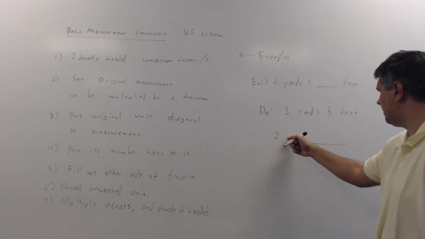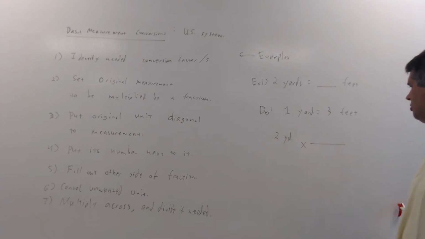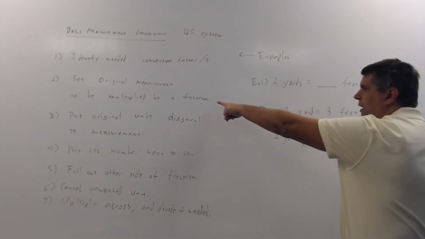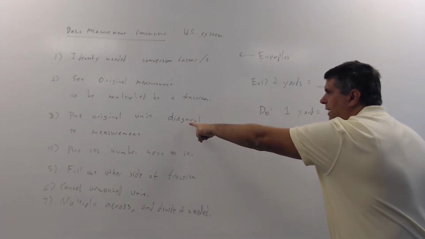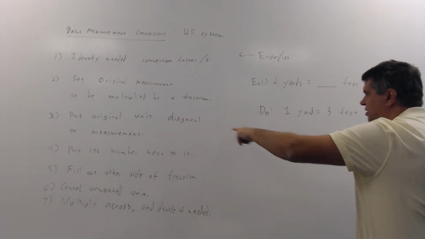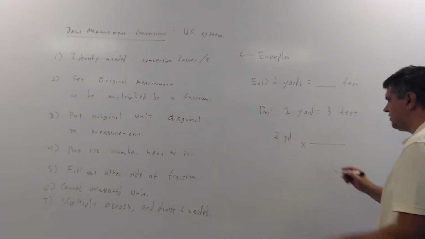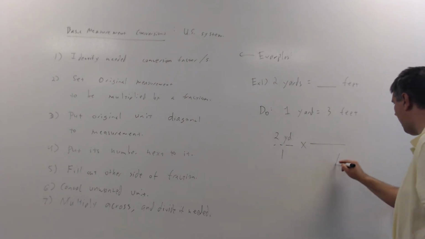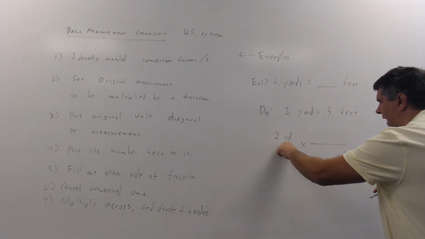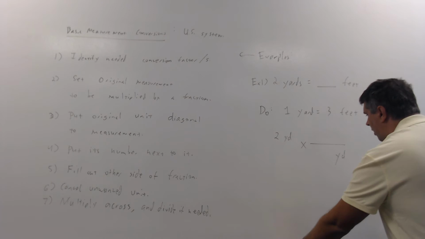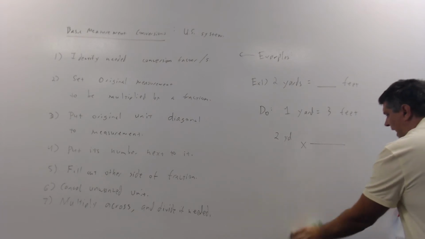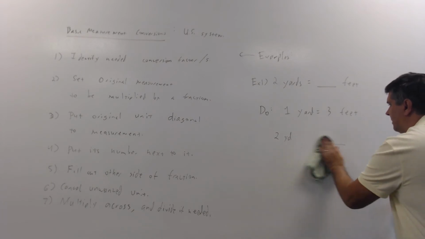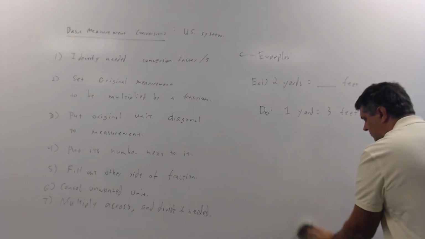Put the original unit diagonal to the measurement. So that could be thought of as a numerator. So I'm going to put yards in the denominator. You don't have to do the over 1. So let me start from scratch again.